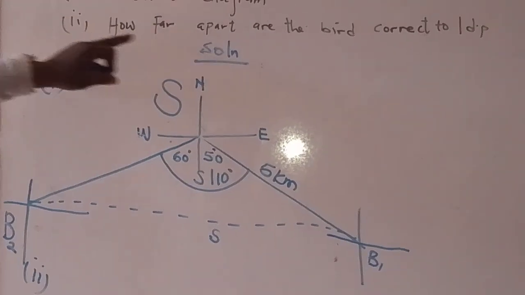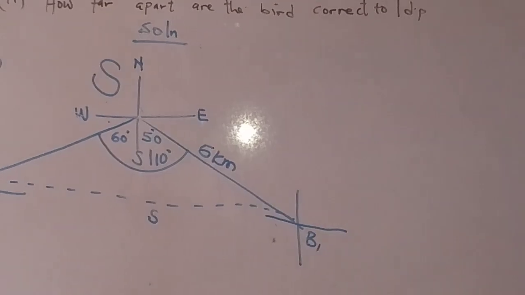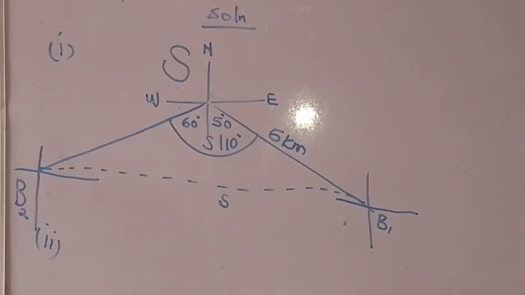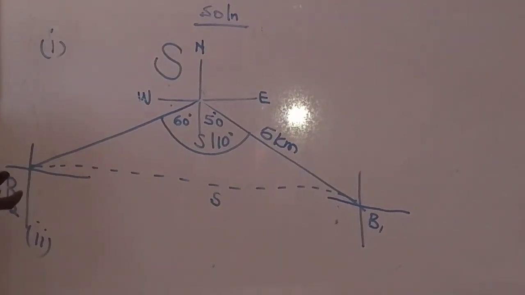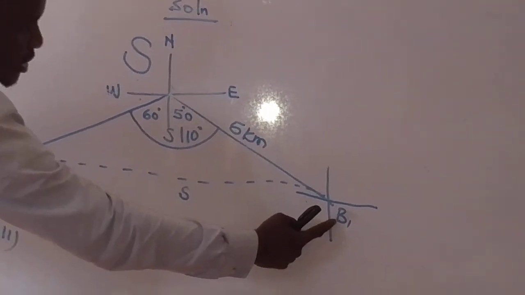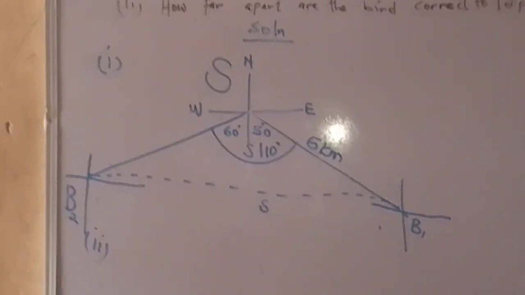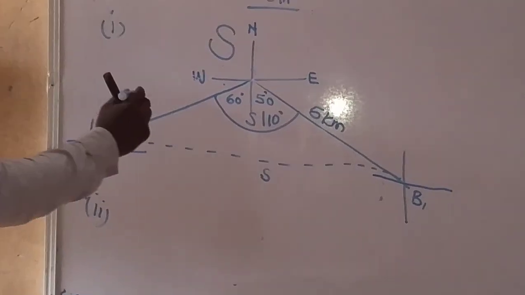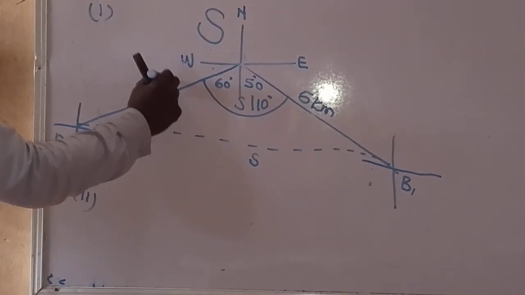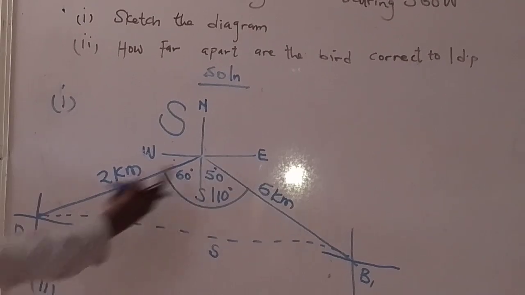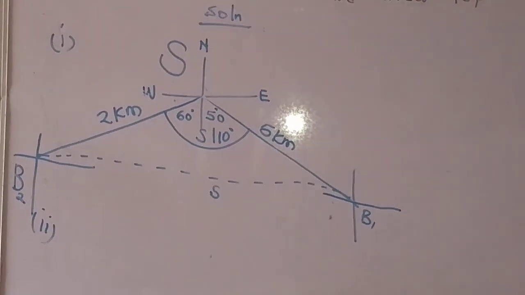Question 2: how far apart are the beds, correct to 1 decimal place? You have to find the distance between bed 1 and bed 2. When you see a question like this, don't forget, this is 2 kilometers, on the bearing of 60 degrees southwest.